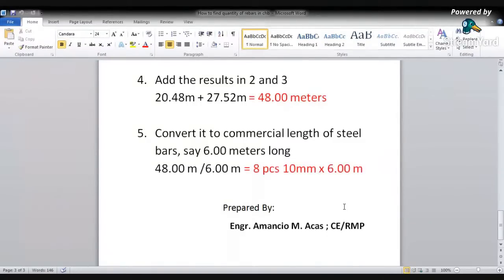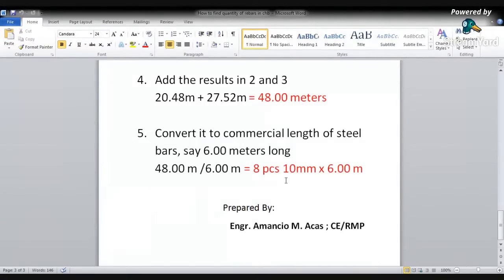So we have a total length of 48 meters divided by 6 meters, which is the length of one rebar. So it is equal to 8 pieces. If we use 10 mm for the horizontal and vertical rebars, you need 8 pieces of 10 mm by 6 meters rebars.